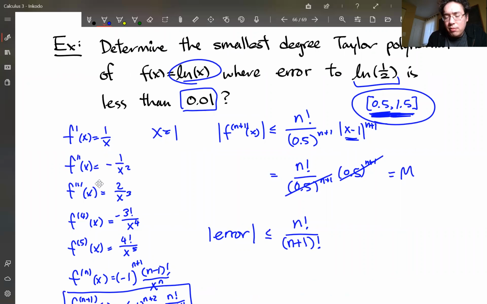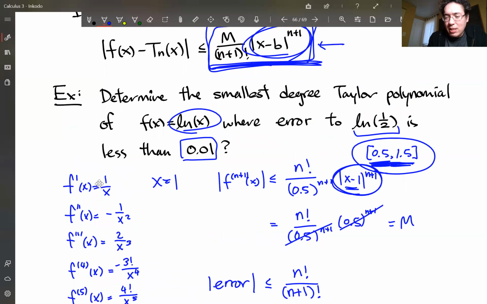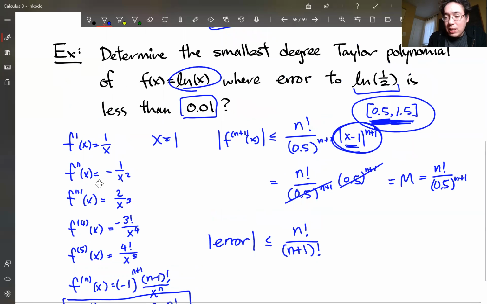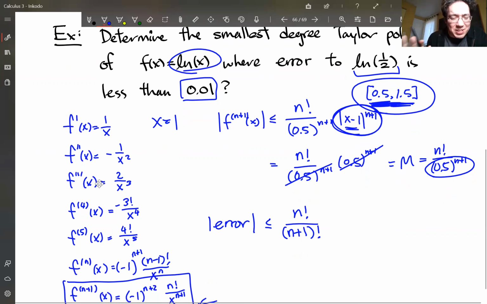Sorry, I had already multiplied by this. That's what I did before. So M is actually n factorial divided by 0.5 to the n plus first power. But this portion canceled out with the 0.5 to the n plus first power that I just multiplied. Sorry, this was confusing.